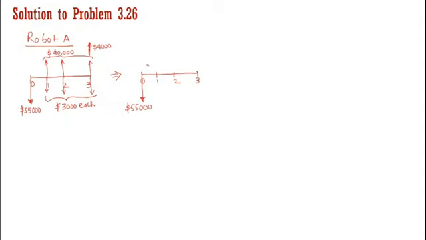So arithmetically we can add and subtract them. If we subtract this 3,000 from 40,000, it comes out to be net earnings of $37,000 each. 40,000 minus 3,000, so 37,000 each. And of course the salvage value remains as it is. So this is $4,000.